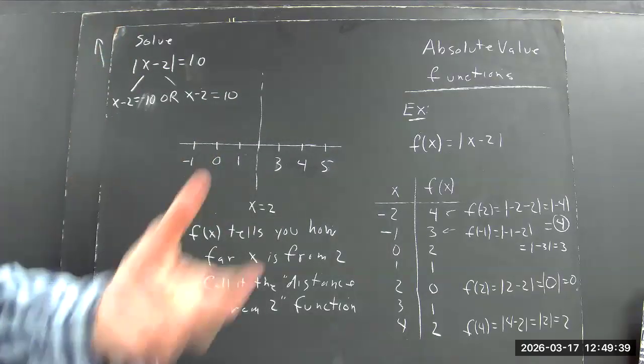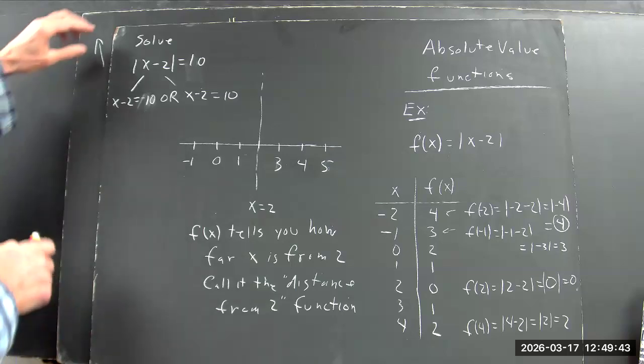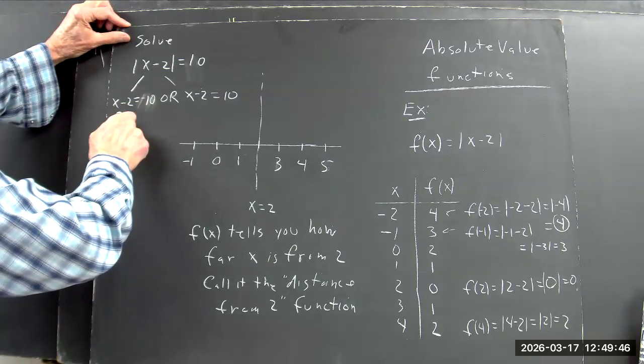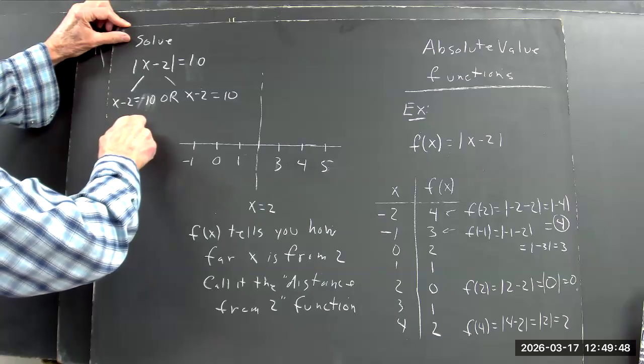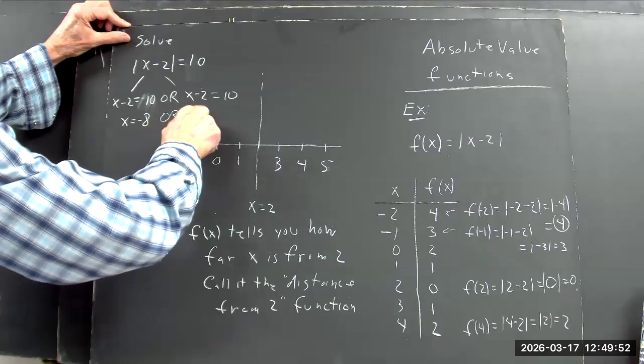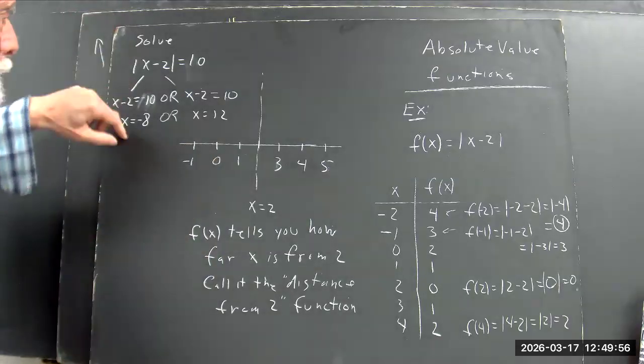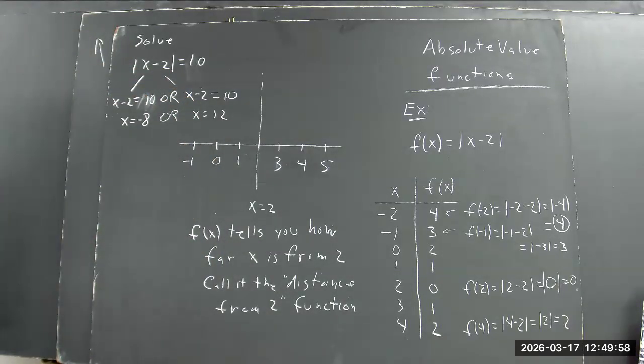Now, in the preliminary work we did, we saw some of this. You solve the equation x minus 2 equals -10, you get x equals -8. Solve this equation, you get x equals 12. Of course, you want to do the steps, just to be in the habit of doing the steps. Okay?